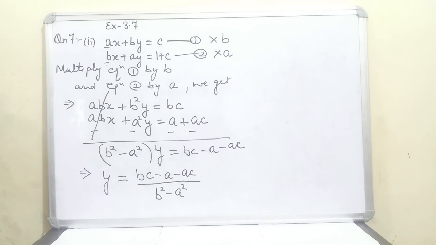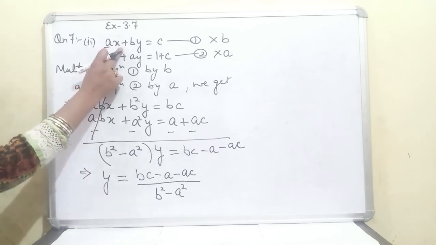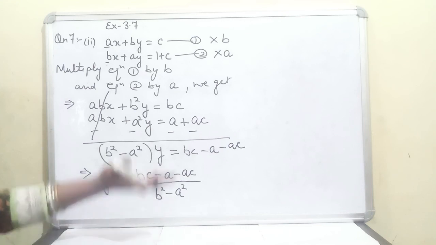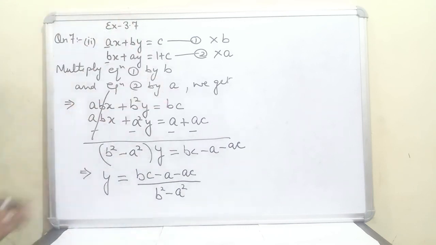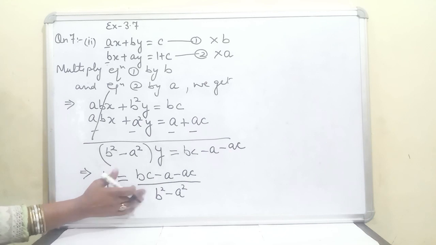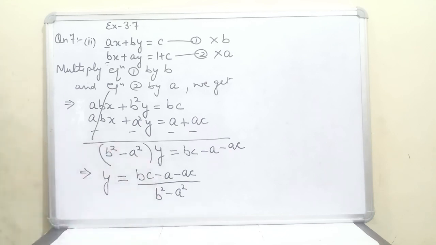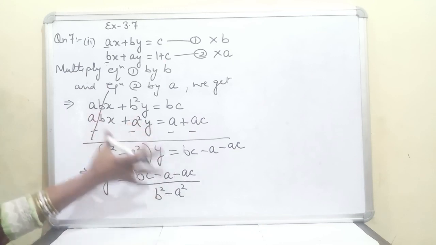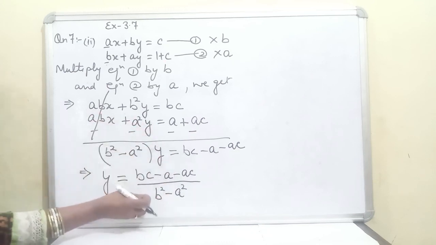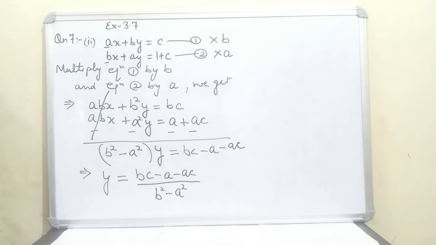And now if I want to get the value of x, I just have to put this value of y in equation number 1 or 2 and then solve it to get the value of x. But because the value of y is very large, see here, the value of y is very big, that's why I'm not going to put it again in equation number 1 or 2.